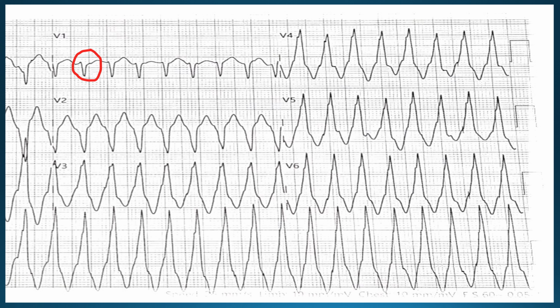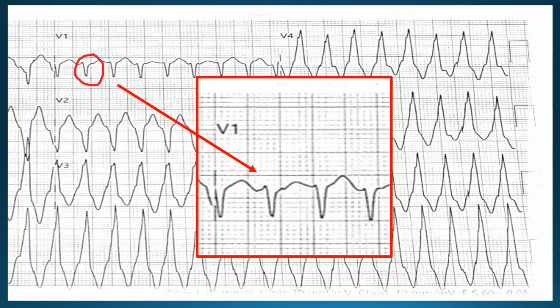So now let's have a closer look at this V1 lead. I have zoomed in on the V1 lead and we can see that there is a small R and a deep S. When there is no absence of an RS and a presence of RS, next we have to see the width of this RS.